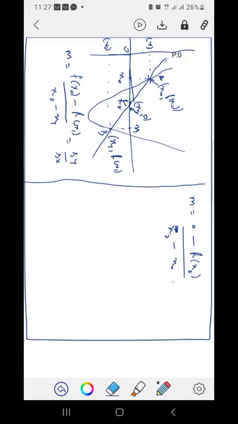So that is the second formula for the gradient.